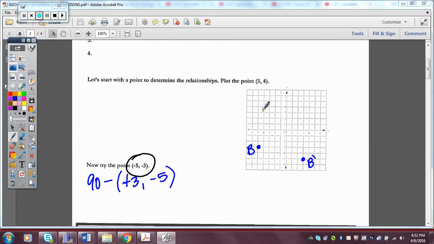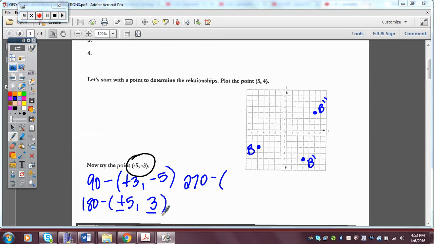90, 180, 270, 360. All right, now 180. Flip x and y. Make the first value the opposite. So 5, 3. That's B double prime. Now let's do 270.